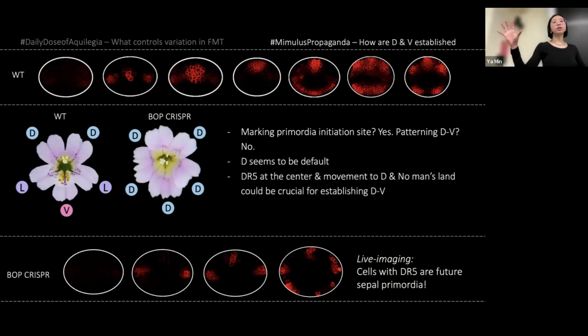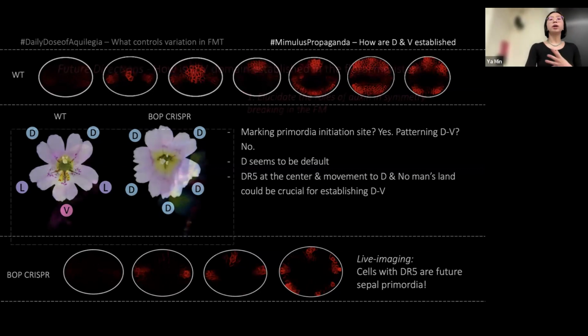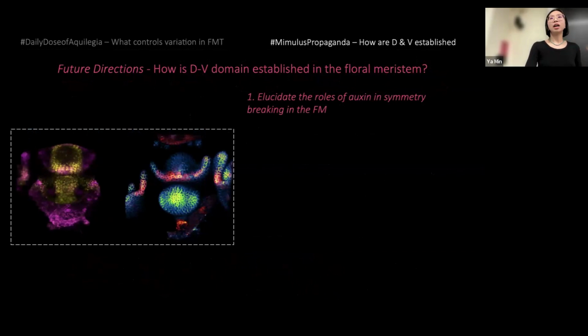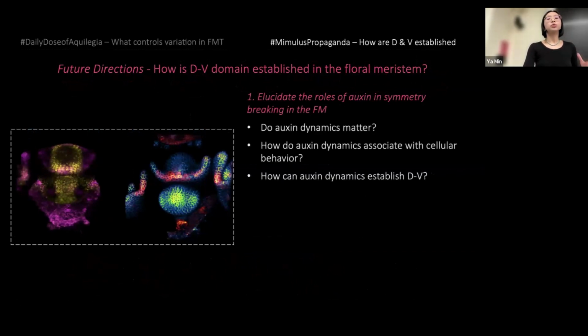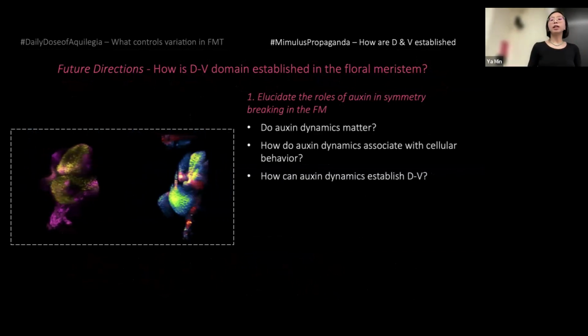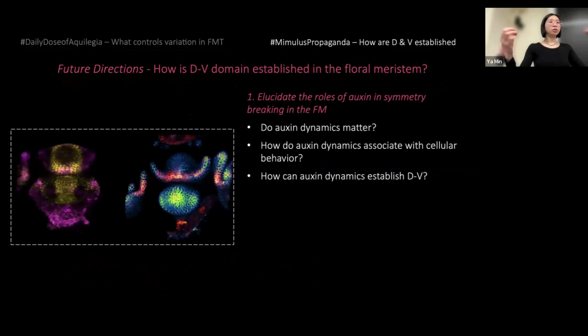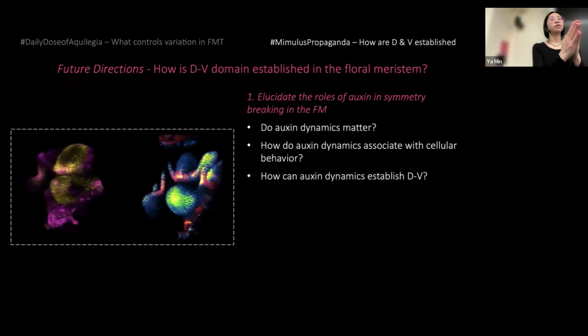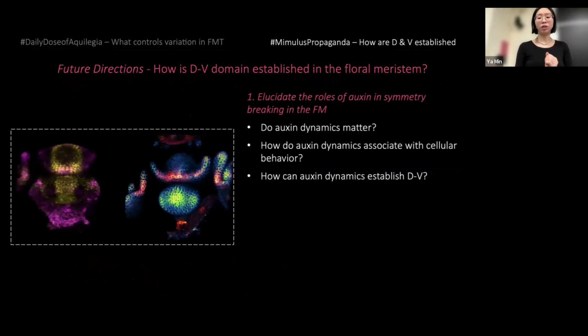And now from these differences, we can compare that it seems like DR5 as a center or the movement or the no man's land will be crucial for the cells to know their position in the floral meristem. And this will also be the start of many very exciting projects in the future, because we want to know how exactly the dynamics matter, how they are associated with different cell morphologies, and how the positional information is established in the floral meristem.